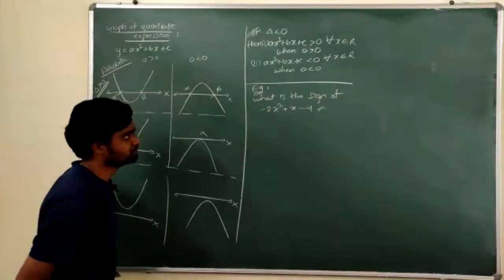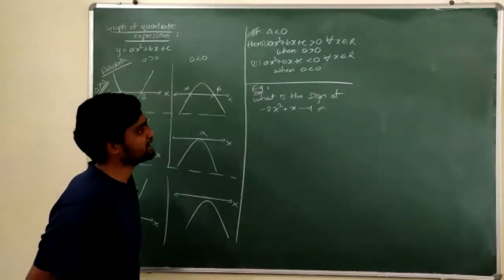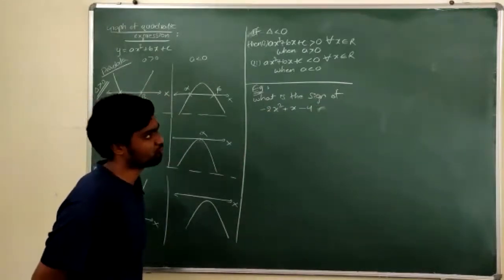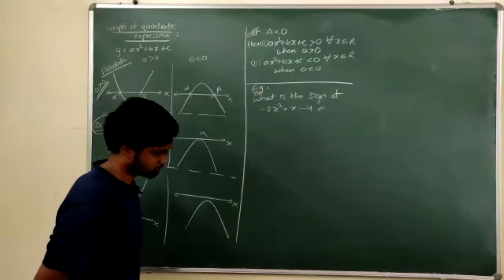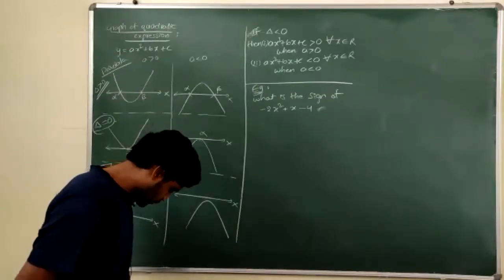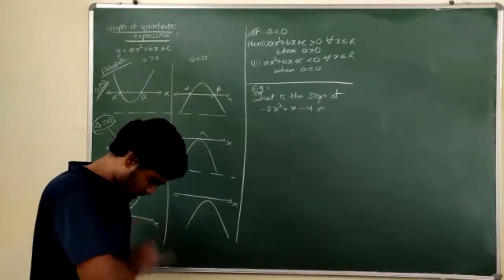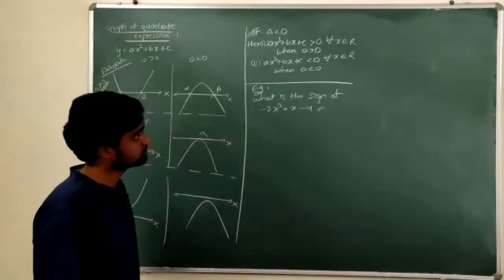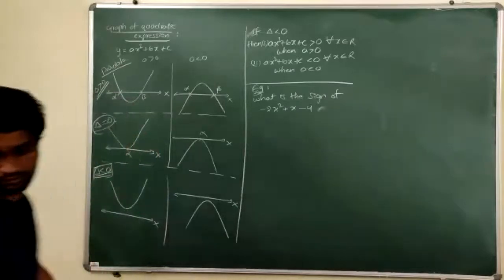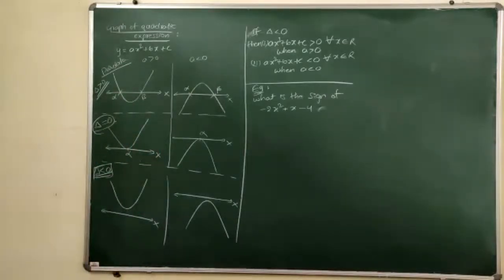What is the sign of minus 2x square plus x minus 4?